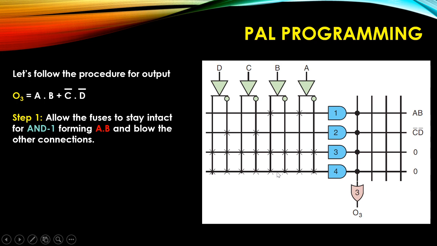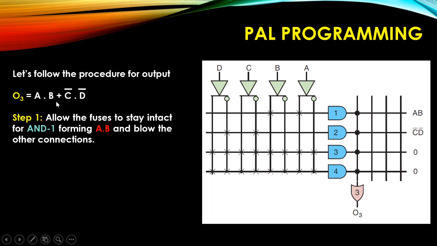So let us take an example where we try to program only O3. The example here is we need O3 output to be A dot B or C bar dot B bar.